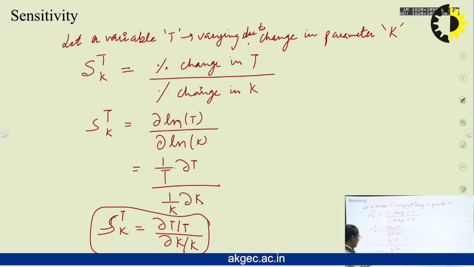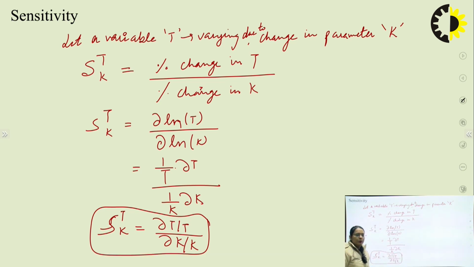But you have to see which parameter is varying and due to change in which parameter. So here the variable T is varying due to change in the parameter K.